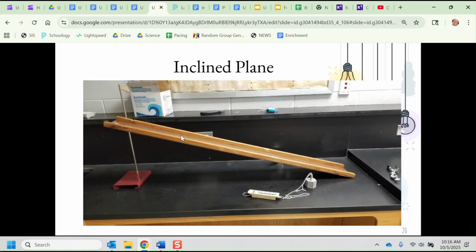In class, we used an inclined plane like this, and we dragged a mass up along that inclined plane. When we use the spring scale, we can calculate how much force is required to drag a mass up along the ramp.